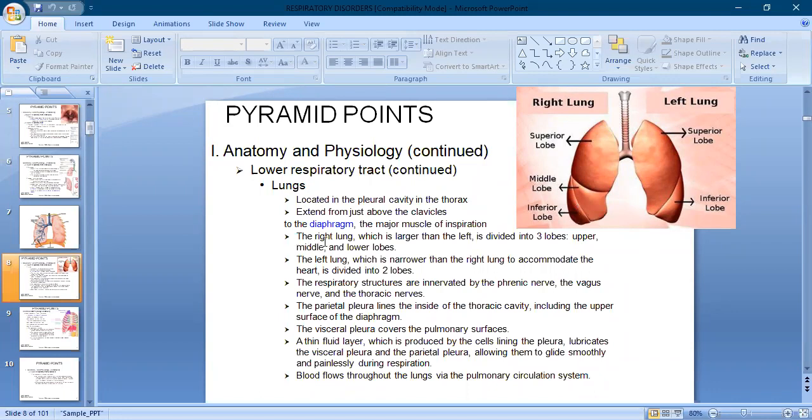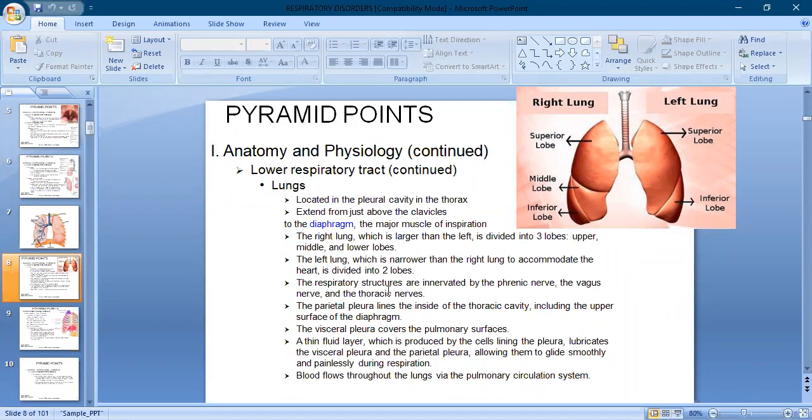So the right lung is a little bit larger than the left lung, and divided into 3 lobes: upper, middle, and lower lobes. But the left side contains 2 lobes, and it is a little bit narrower than the right lung and accommodates 2 lobes, superior and inferior.